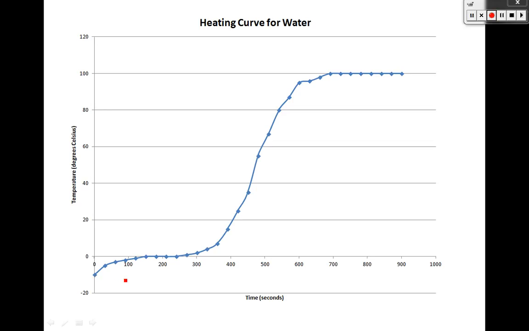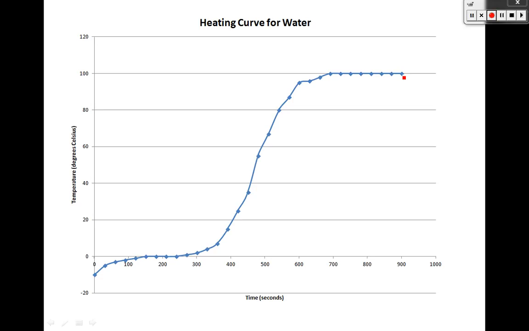But what I can tell here is my curve swoops up and then it stays stable for a little bit. Now yours may or may not have stayed as stable, depending on how well you were stirring your water. And then it swoops way up, and then it stays stable at about 100 degrees. And I know in class, looking at everybody's data, yours probably stayed stable around 95 or 96 degrees, and that's okay.